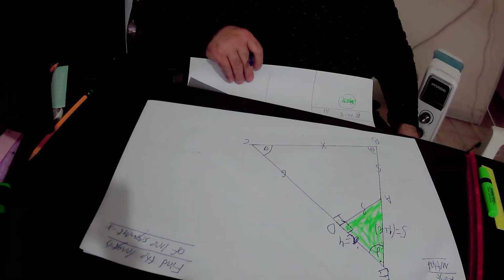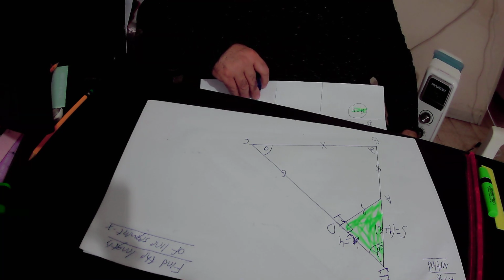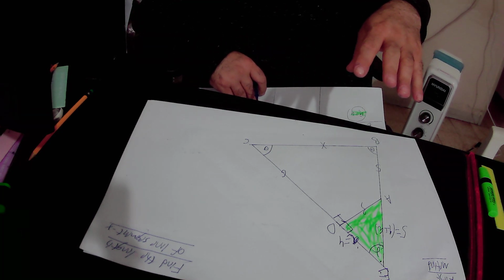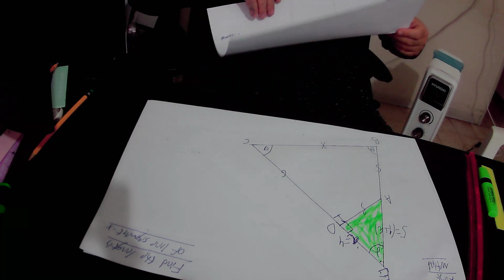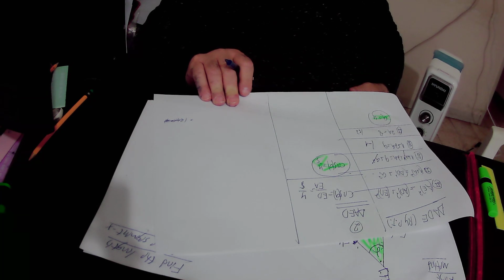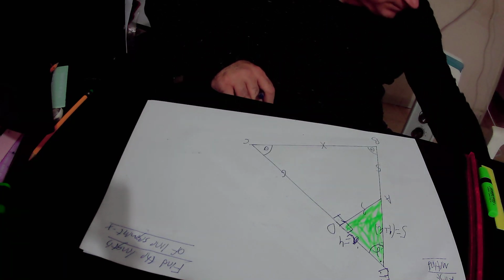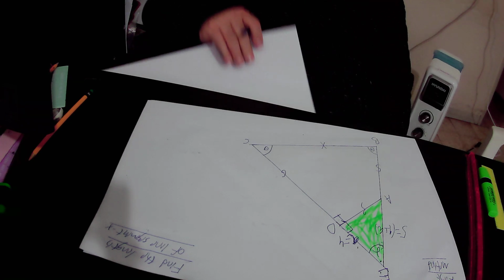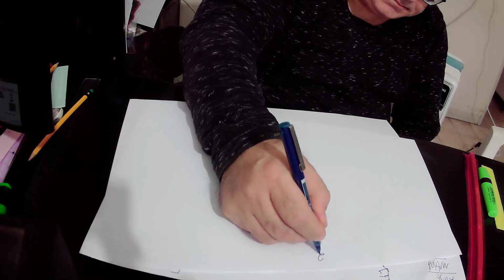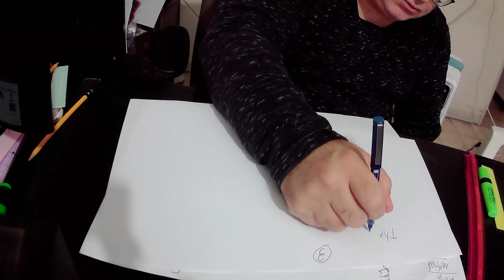In the next step, I will present to you a new law, and we will implement the new law in this triangle, triangle EBC. The new law is the law of cosines. The law of cosines is true in any triangle.